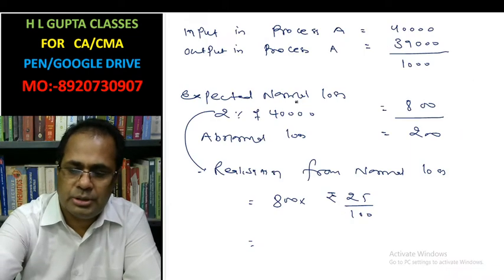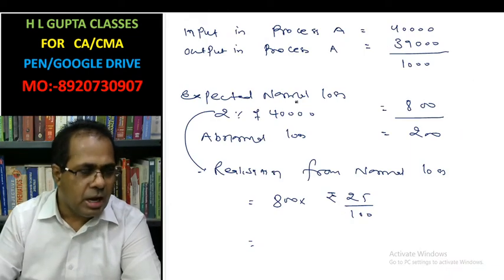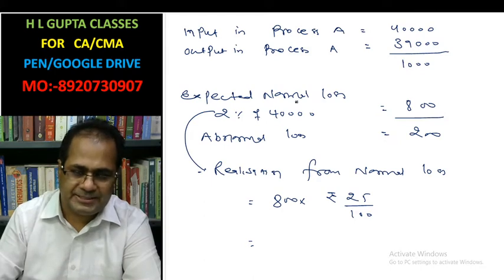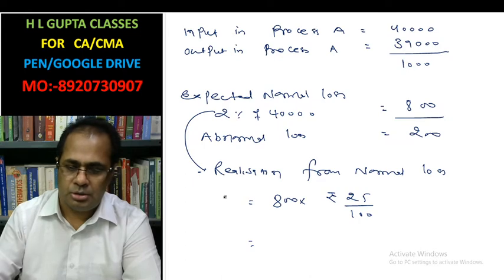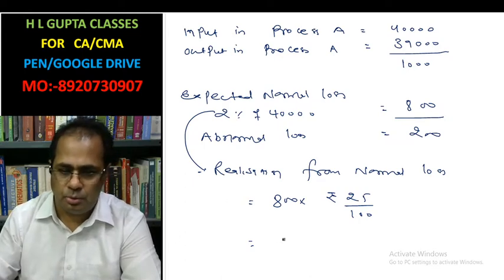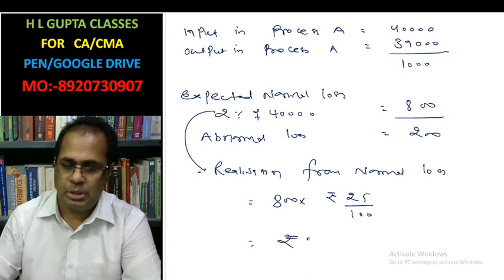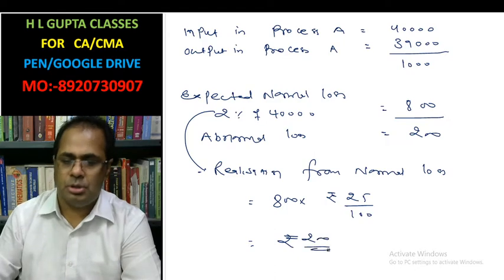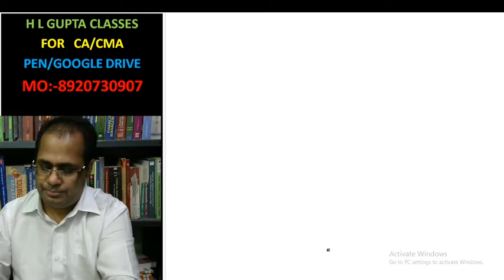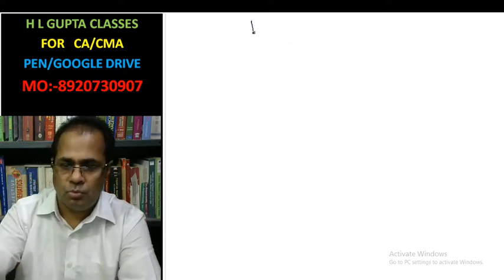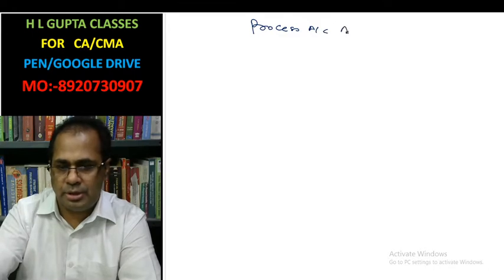So 25 times 8 is 200 rupees. Now I'm going to make the process A account.